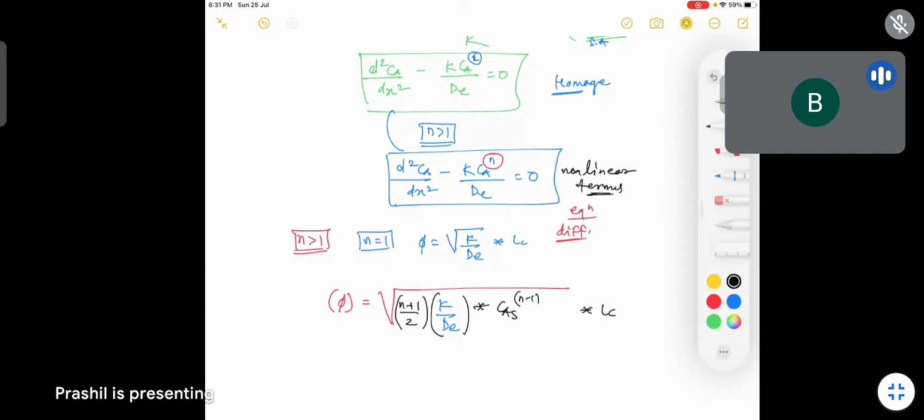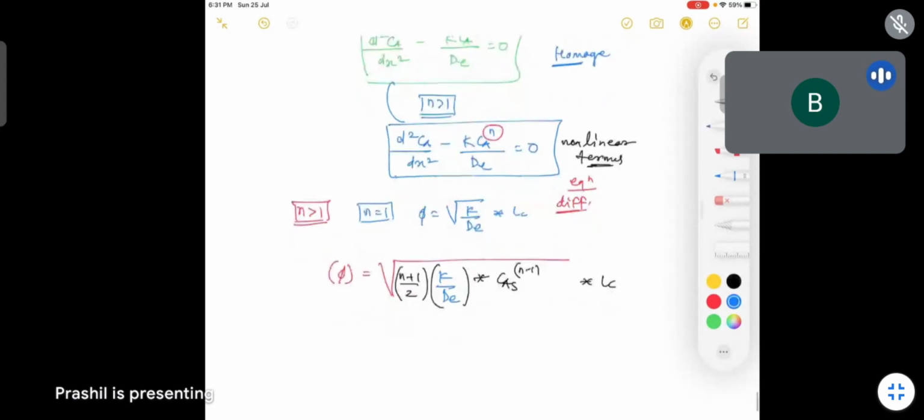Along with this term, you have extra terms as this and this, for n greater than 1. Okay, so this is your equation.